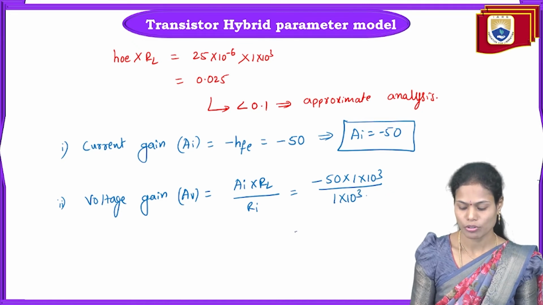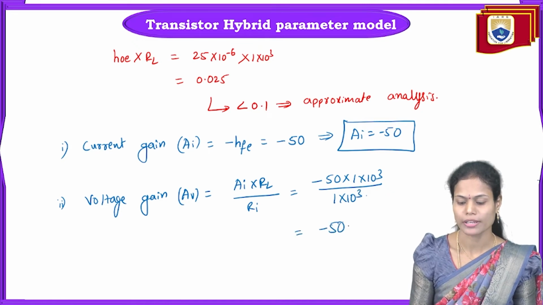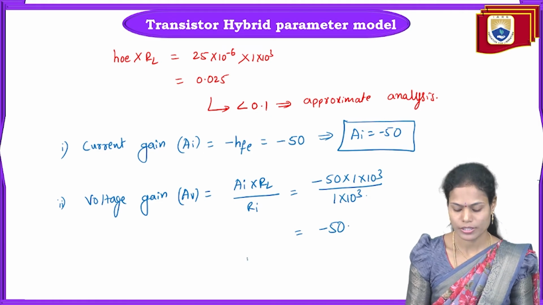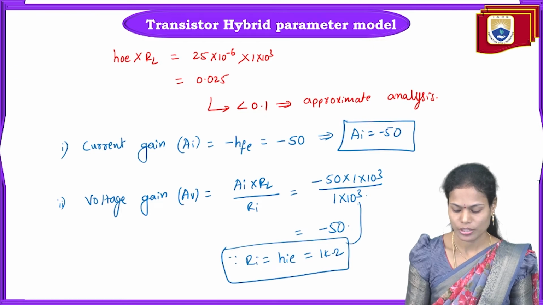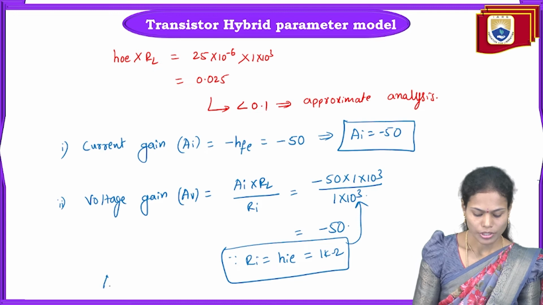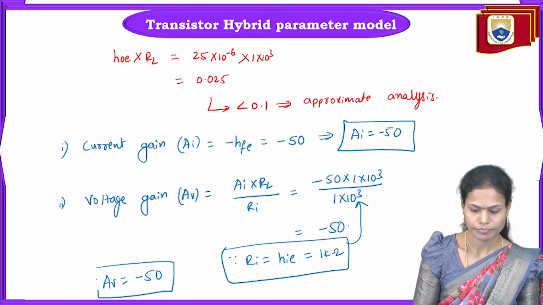So this value is also minus 50. Why am I taking Ri as 1 kilo ohm? Because Ri is nothing but HIE only, and the HIE value is 1 kilo ohm. So because of that, I have substituted it as 1 kilo ohm here. So the voltage gain value here is minus 50.